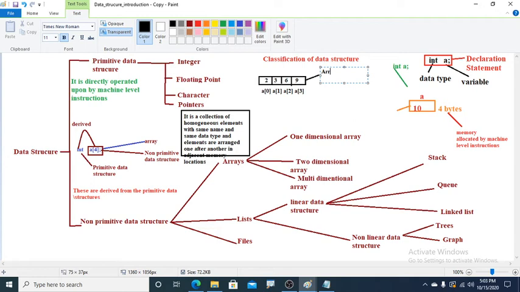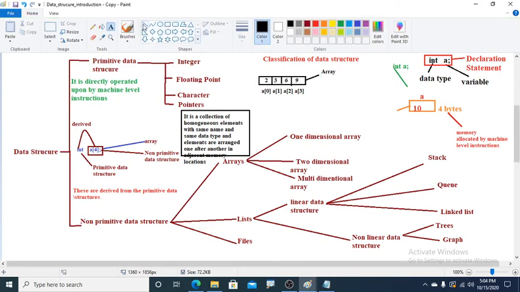A collection of what elements? Homogeneous elements. Homogeneous elements means all belong to which family? Integer family. 2 belongs to the integer family, 3 belongs to the integer family, 6 belongs to the integer family, and 9 belongs to the integer family. All are homogeneous elements.